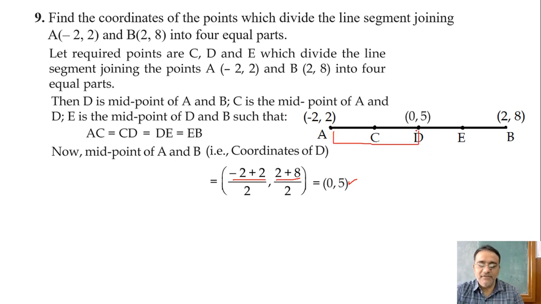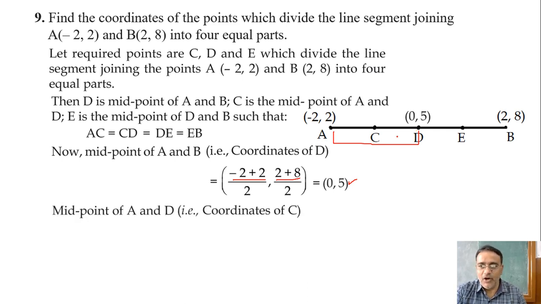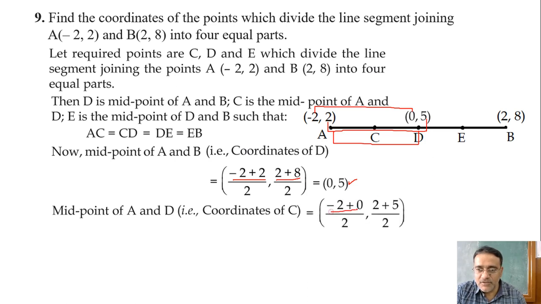So midpoint of AD will be the coordinates of C. How will you find -2 plus 0 by 2, 2 plus 5 by 2? So final answer, jaldi batao. -1, 7 by 2. Very good, -1, 7 by 2.